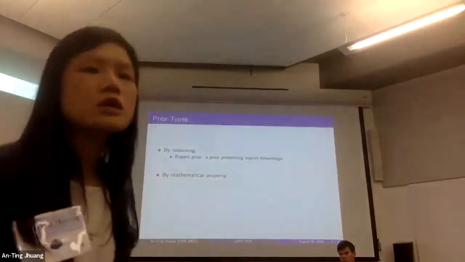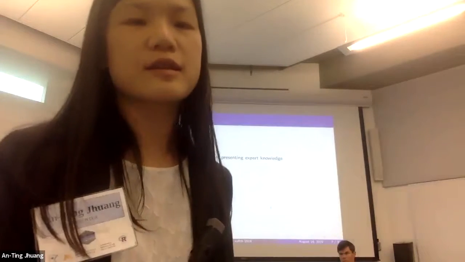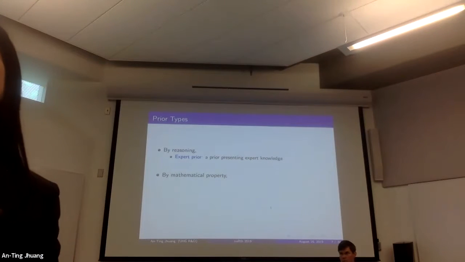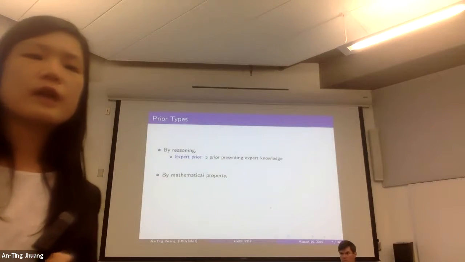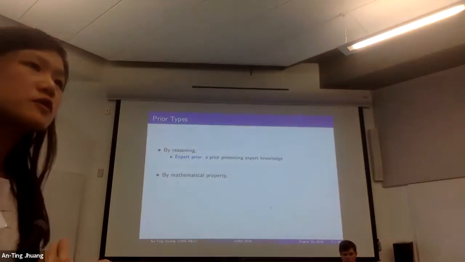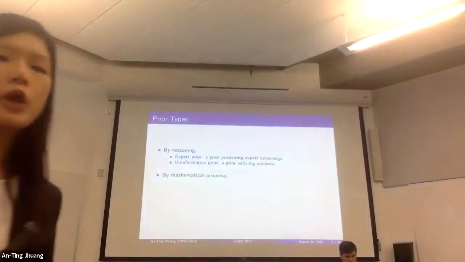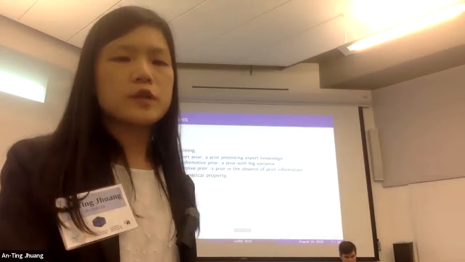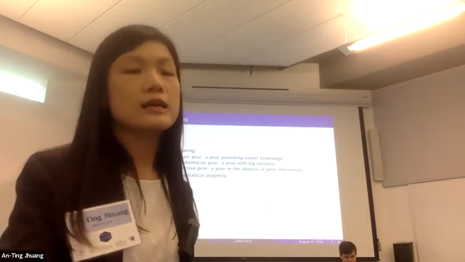All right. Talking about priors, there are many different priors in Bayesian statistics. One of them is the expert prior. For example, in my previous example, you can use an expert prior for the temperature and humidity, but you can also propose an informative prior. So there are different types of priors by reasoning and their features.